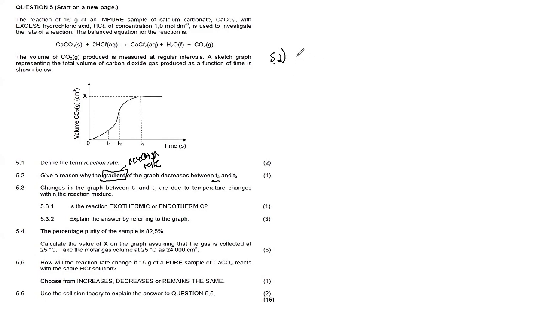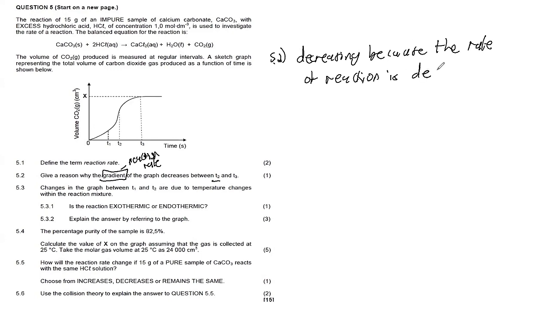So we can say it is decreasing because the rate of reaction is decreasing as well. And then we do understand that with the rate of reaction decreasing, that means that the reactant there is also being used up, right?